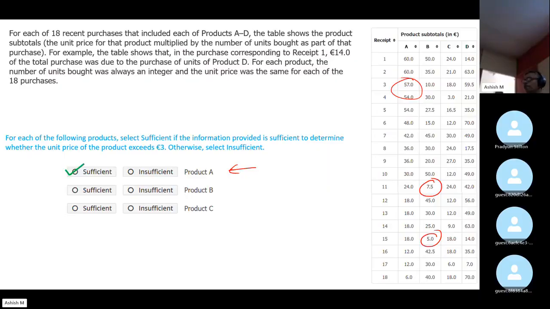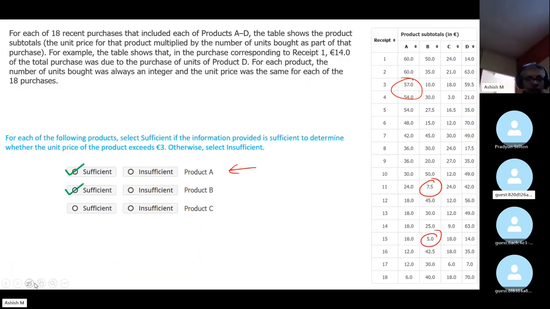But it can in no way be greater than 2.5, because if it were greater than 2.5, then you cannot have two entries, one with 5 and the other with 7.5. Friends, are we clear? So again, sufficient.